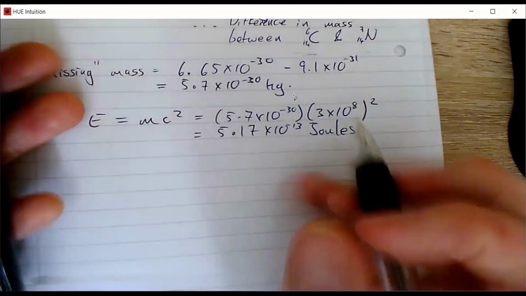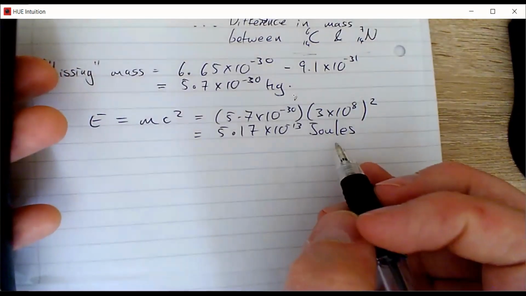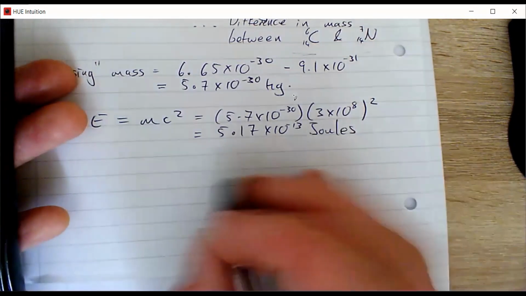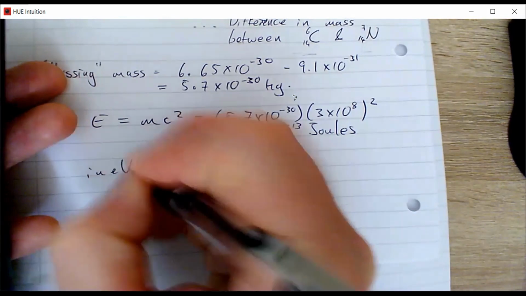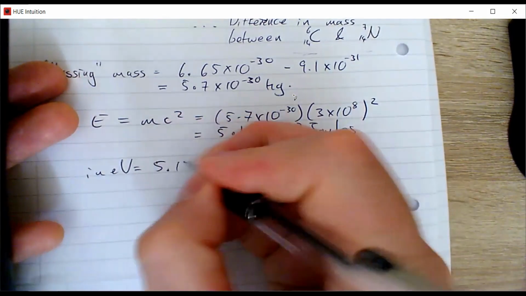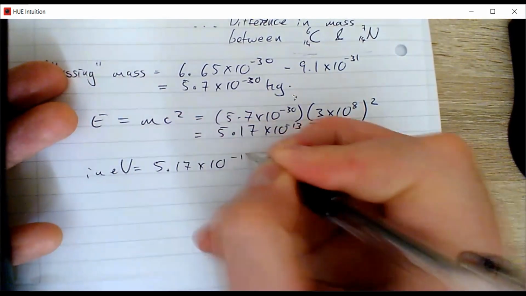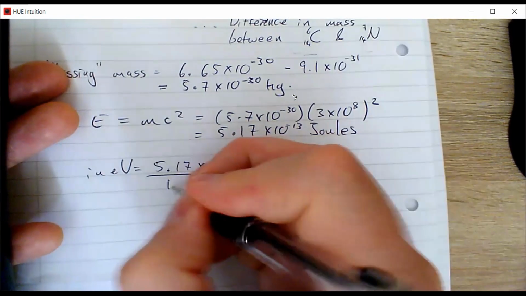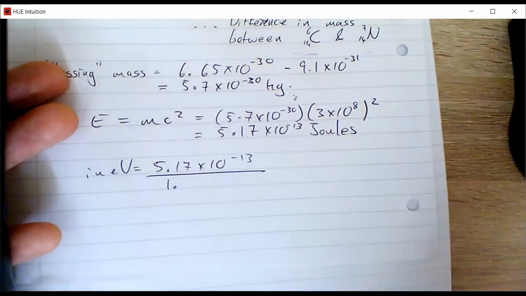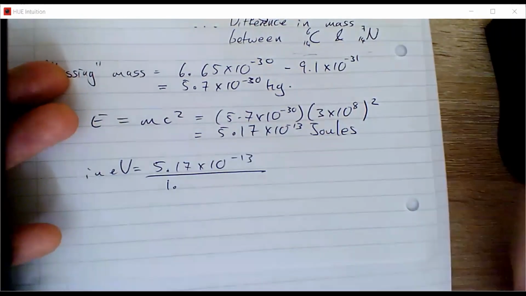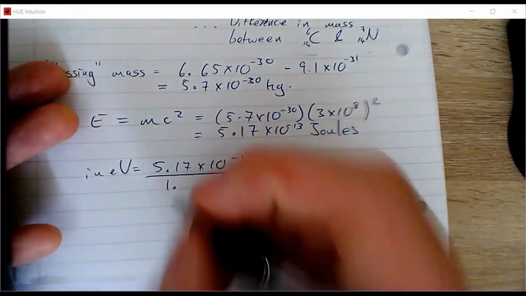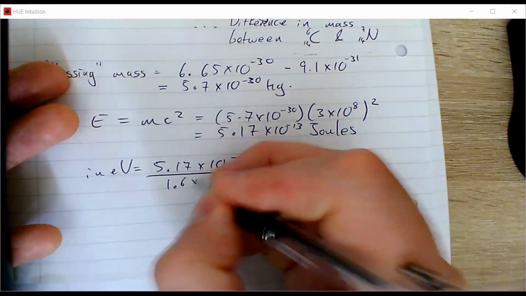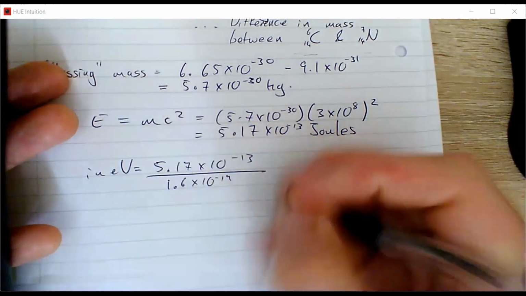The question also asks us to give that energy in electron volts. So to get there, you divide by the charge of the electron. In electron volts, it's going to be 5.17 times 10 to the minus 13 divided by, given in the question there, 1.6 times 10 to the minus 19 coulombs.